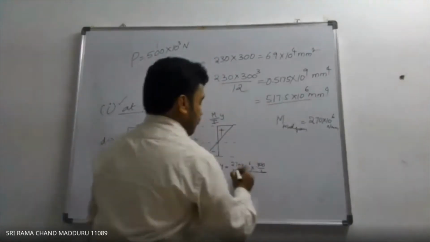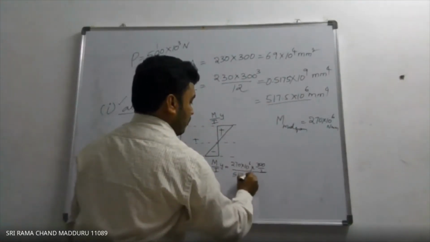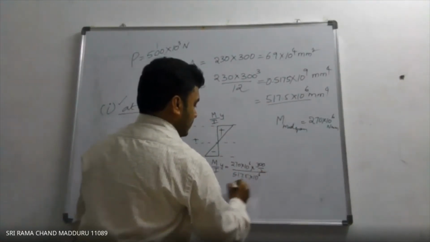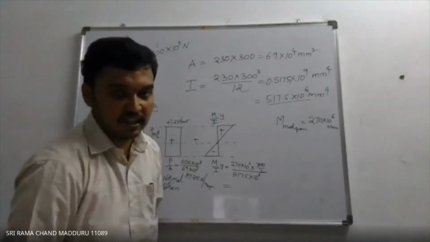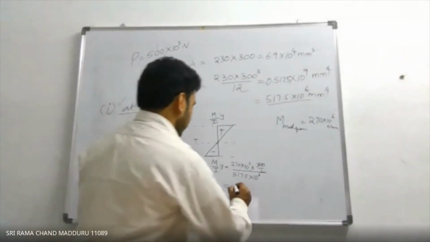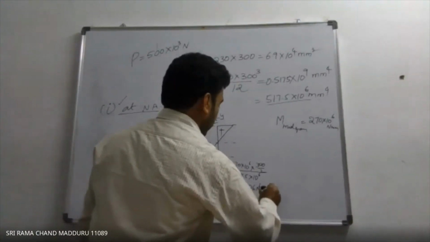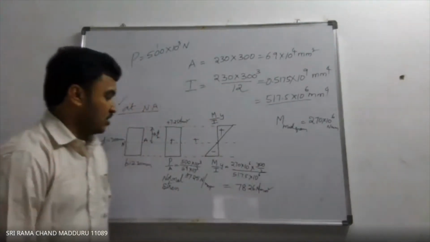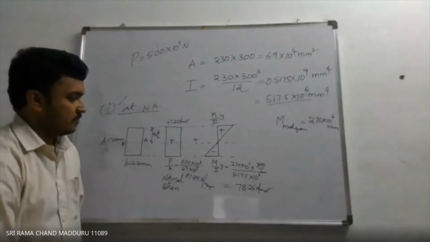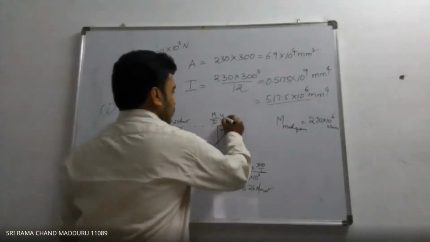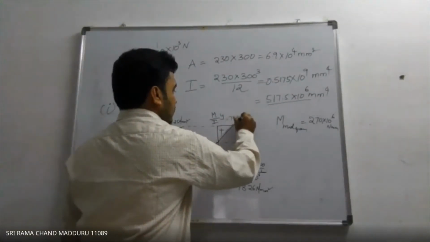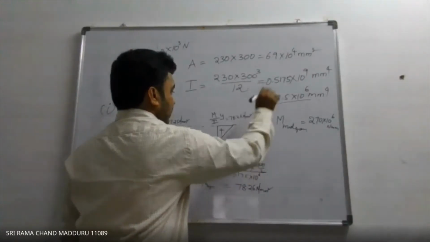You got it as 517.5 into 10 power 6. Now tell me what is the bending stress here? 78.26 Newton per mm square. So at the top fiber also you will get 78.26 Newton per mm square.